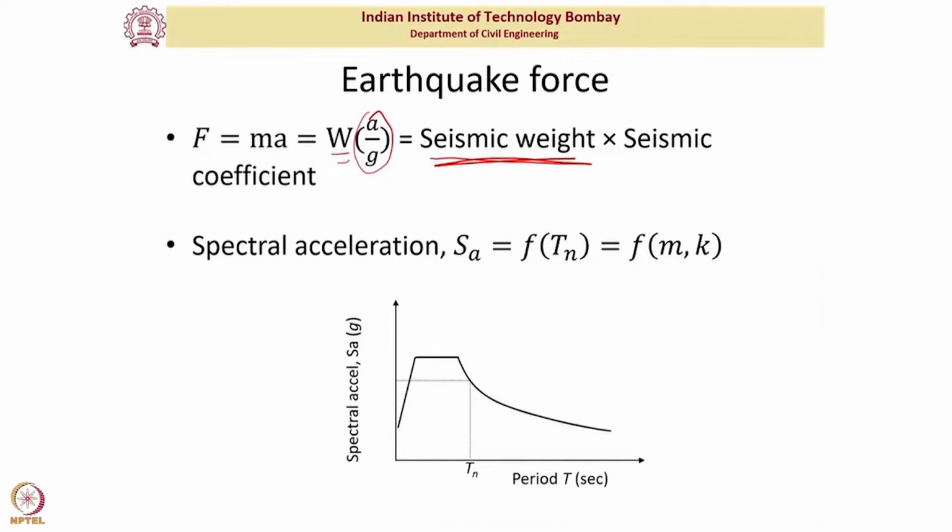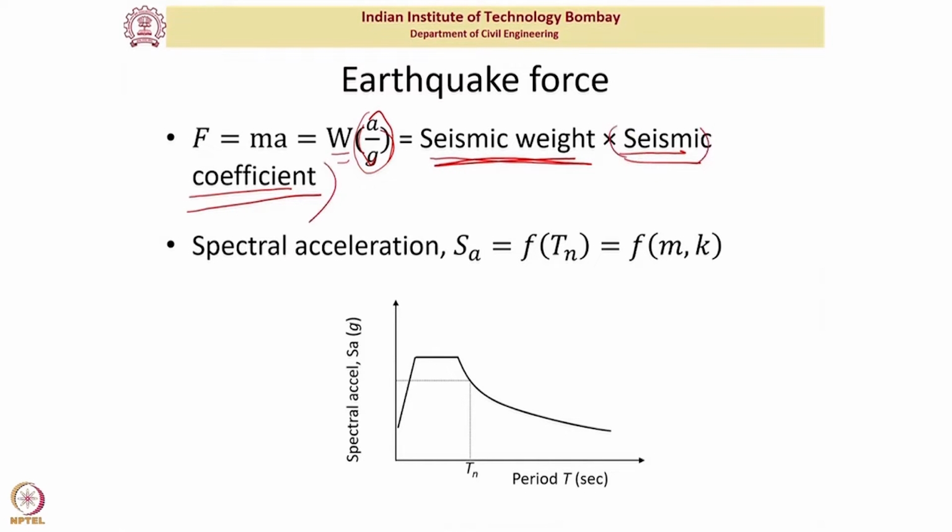And this a by g, which is the acceleration of the structure, not the ground motion as such, is basically called the seismic coefficient. Most seismic analysis procedures, like the linear static procedure or response spectrum procedure, as per Indian codes and other codes, give you a procedure to calculate this seismic coefficient.